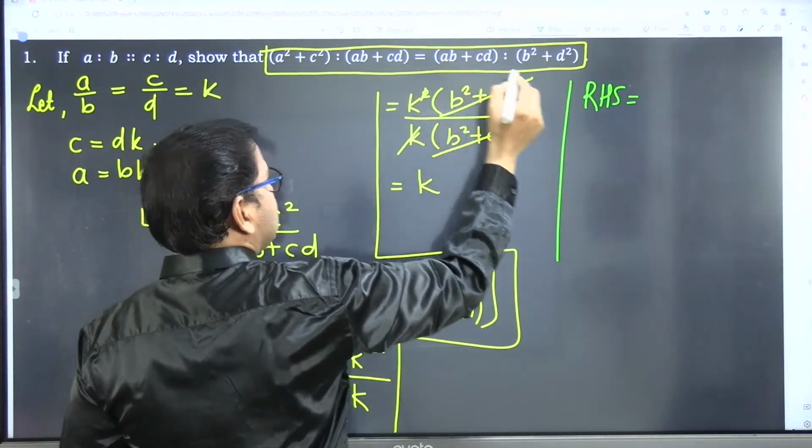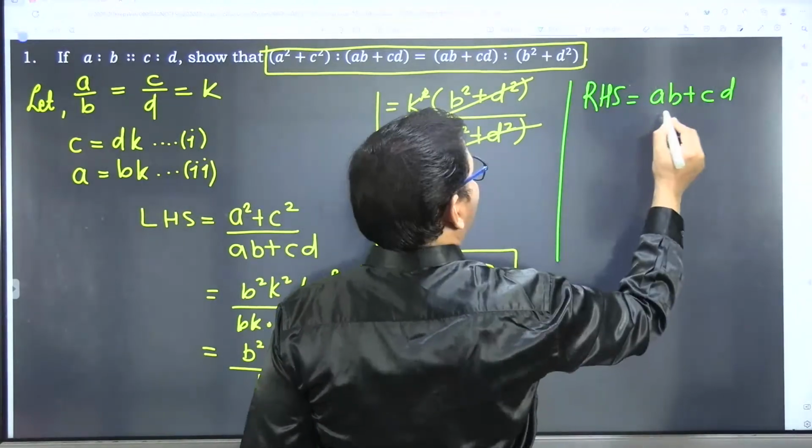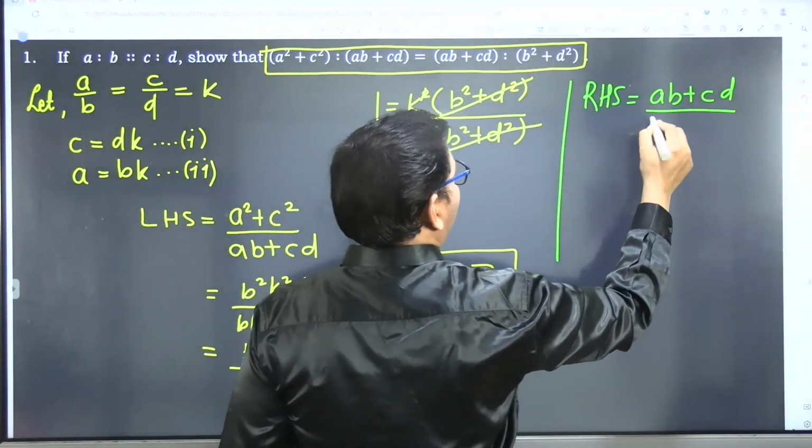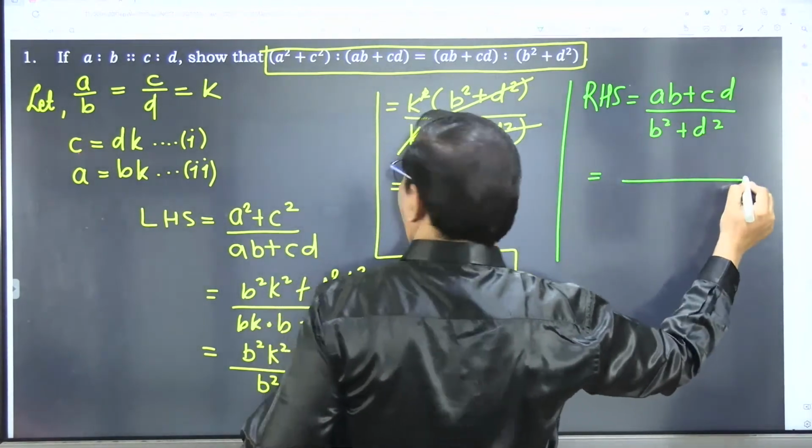Again, AB plus CD upon, okay, is to means upon B square plus D square. What is value of A?